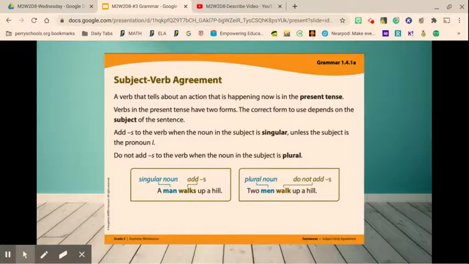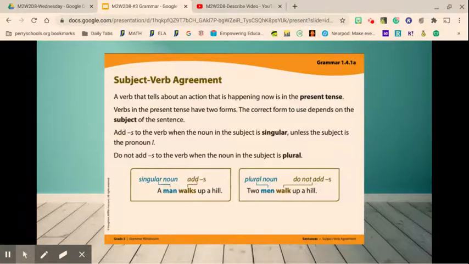The correct form to use depends on the subject of the sentence. We add s to the verb when the noun is singular, unless the subject is the pronoun I. Do not add an s to the verb when the noun in the subject is plural.